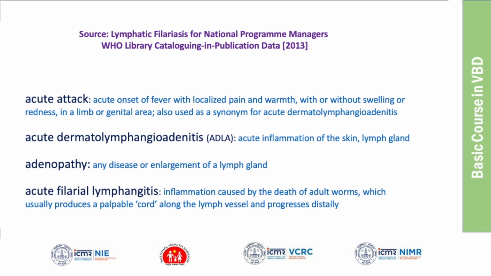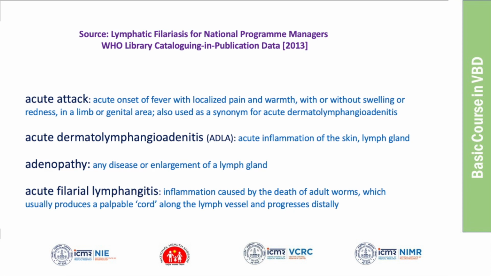So acute inflammation of the skin and the lymph gland. Then adenopathy is the state of disease of enlargement of a lymph gland. Then acute filarial lymphangitis. You'll be able to tell about it. I already told you about it. This is an inflammation of what?